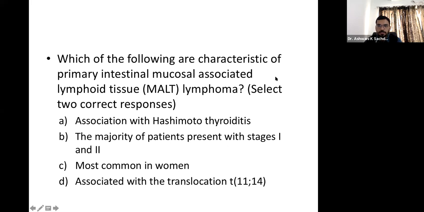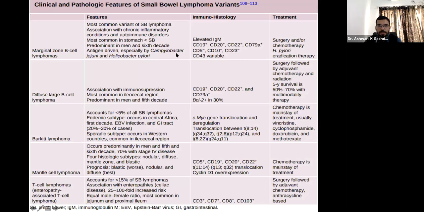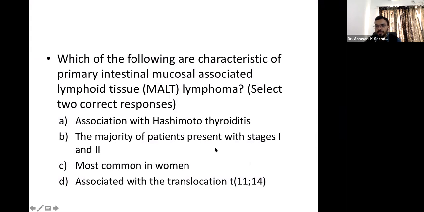Some people have answered C and D as the option. Usually they are present with Hashimoto's; as we have discussed in this chart, they are usually present with autoimmune diseases. Another thing which I have not shown is that they usually present with stage 1 and 2.